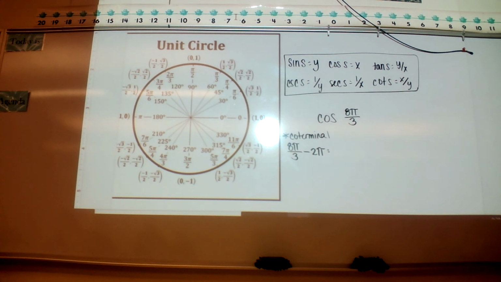So can you take a moment and see, I gave you some hints there, could you find that coterminal and then find the cosine of that circular function?